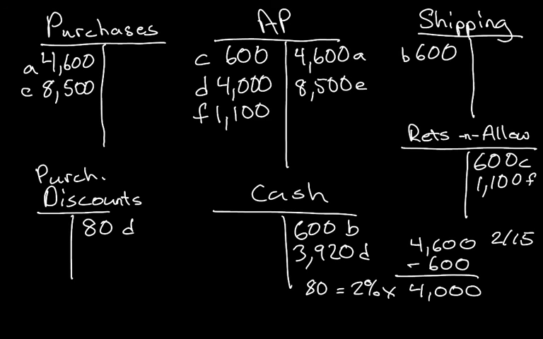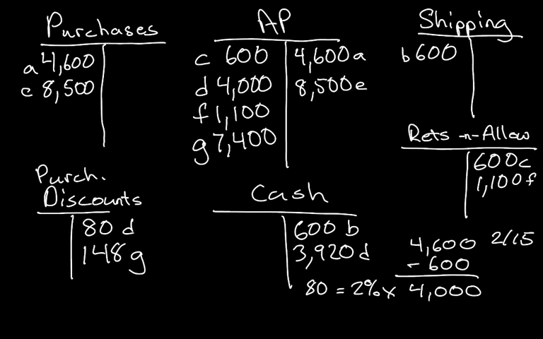If we go back, we will debit accounts payable for the $7,400 because now we don't owe that anymore. We're going to credit the purchase discounts for $148 because that's the amount of the discount. And we're going to credit the cash.